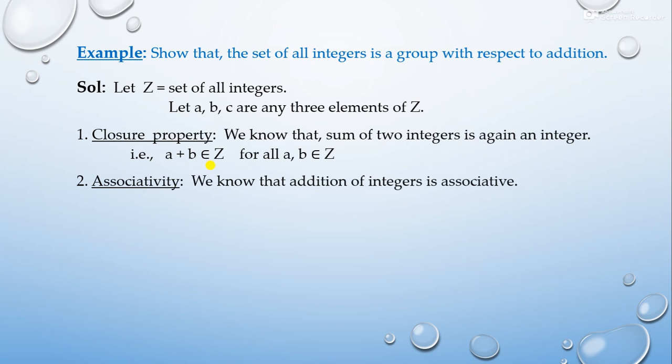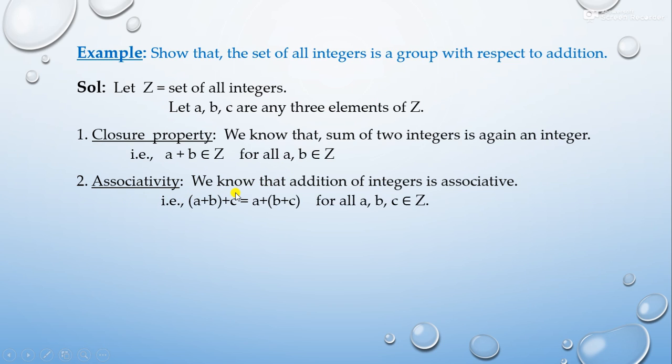Now the second one is associativity. If we add three numbers A, B, C, then A plus B plus C is always equal to A plus B plus C in the case of integers. So yes, this holds the associative property.